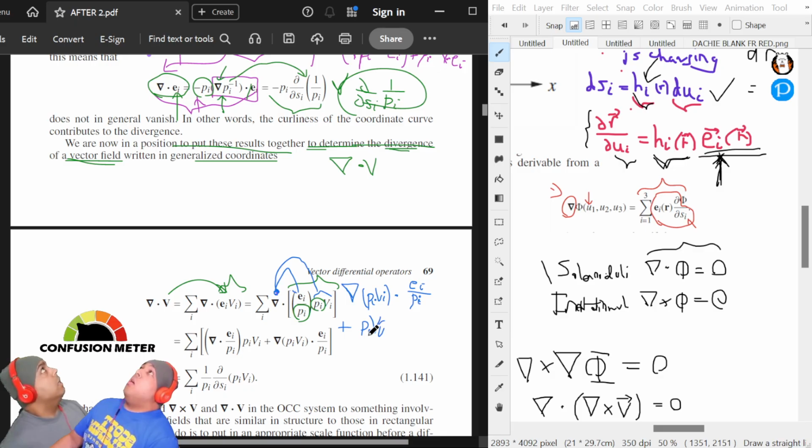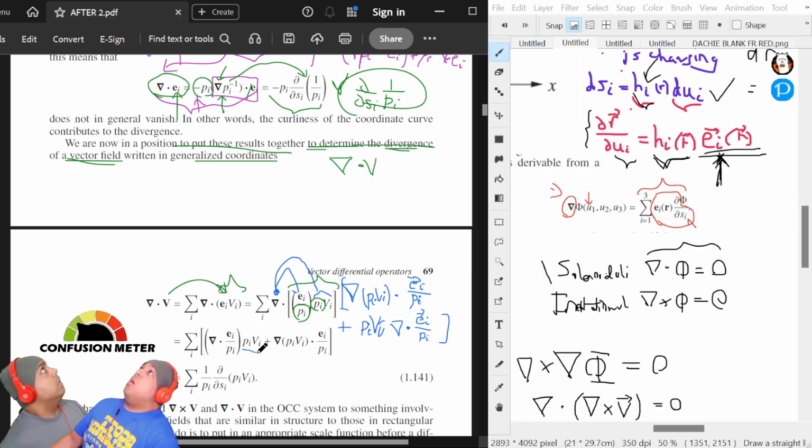So Pi Vi gradient dot EI and PI, right? Is that the case? Okay, gradient dot EI PI PI.